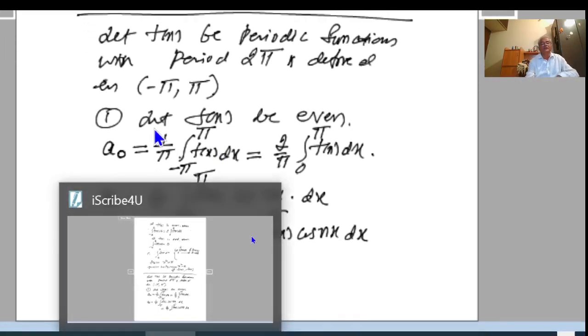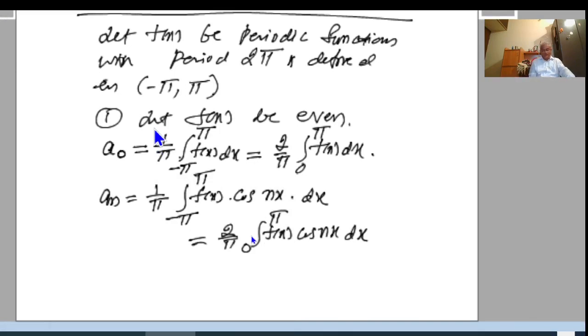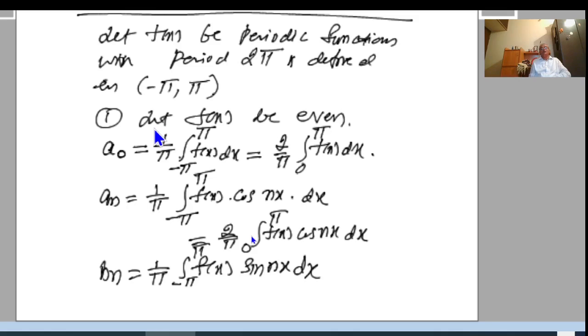And what about bn? Here bn is equal to, we have the formula, 1 by L, that is 1 by pi, into the integral from minus pi to plus pi of f of x into sine of nx dx, because L equals pi.